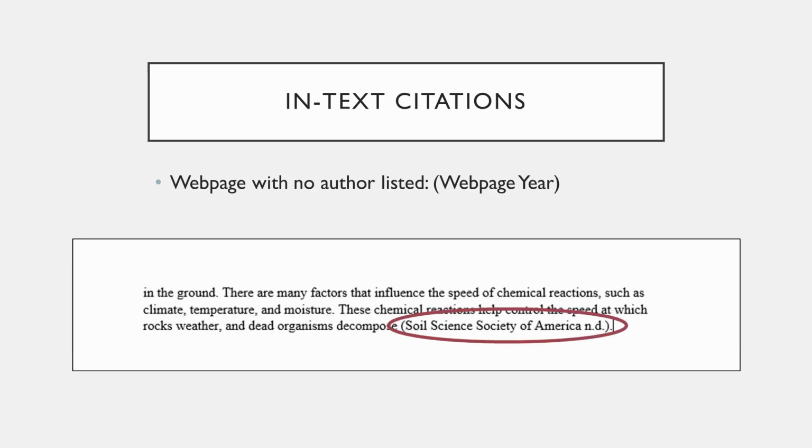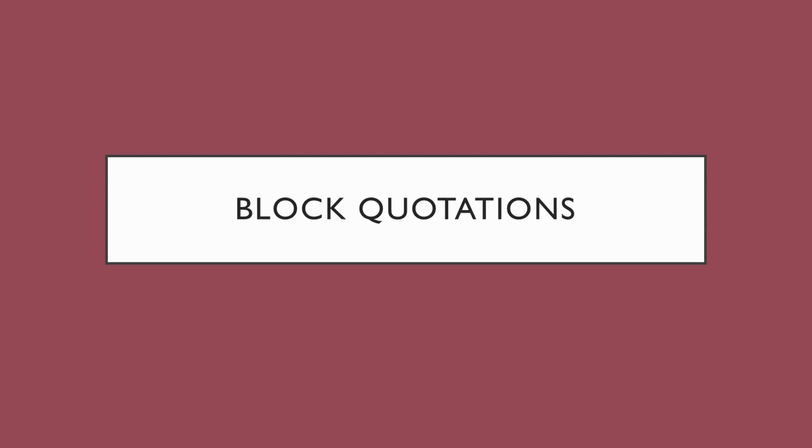However, many web pages have no authors listed. In this type of citation, you should include the name of the web page followed by the year. If there is no date of publication for your source, replace the date with the abbreviation ND to indicate no date. Now, let's discuss how to format a block quotation in author date style.